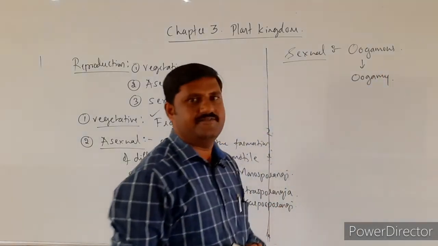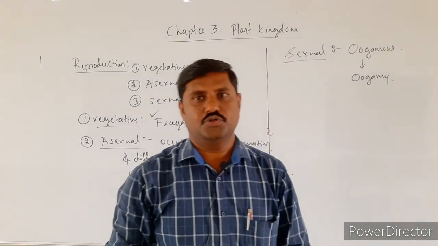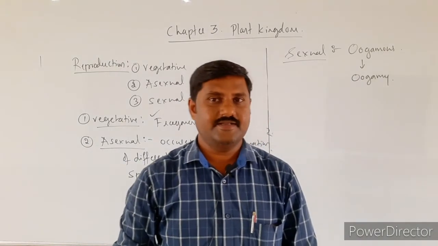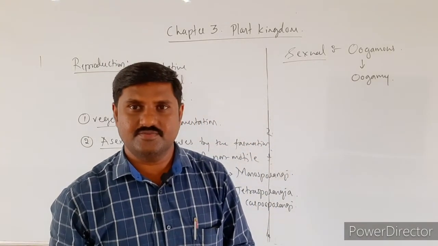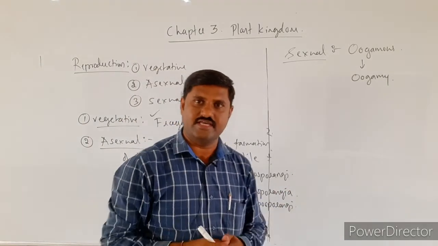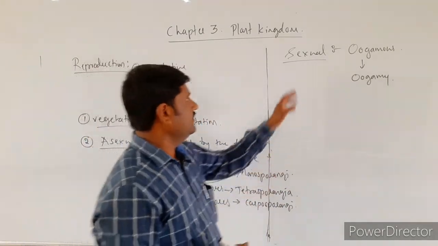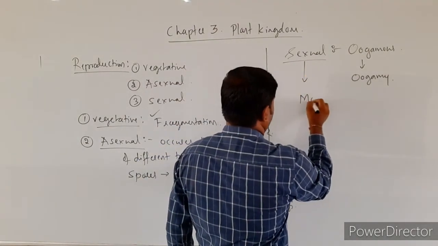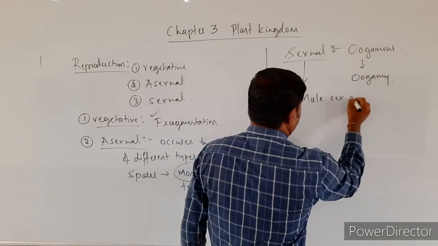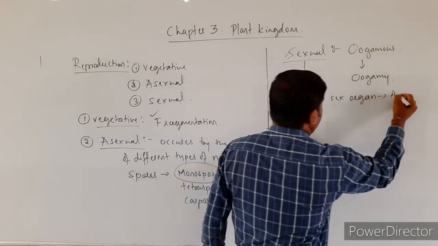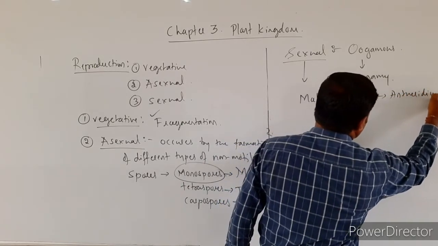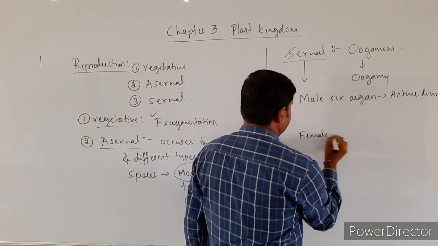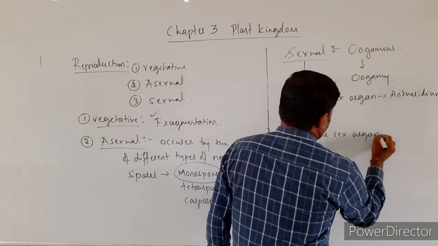In this type of reproduction, two gametes, one is larger non-motile, and another one is motile. Here motile gametes are totally absent, right? So in sexual type of reproduction, the male sex organ called antheridium is formed over here, and the female sex organ, right?